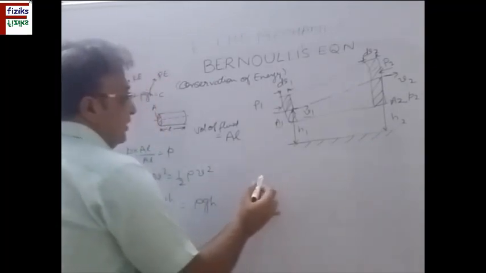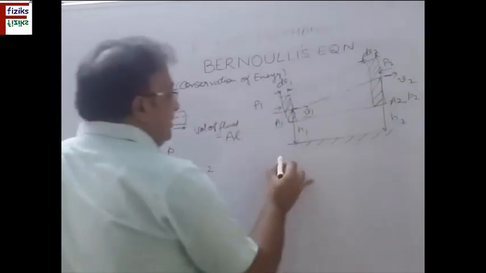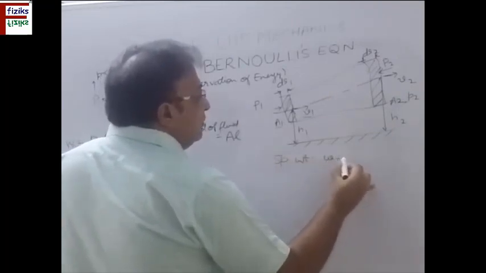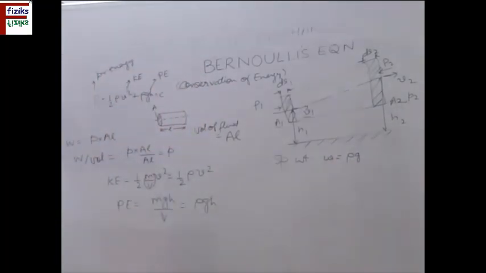We can write this equation in another form. What is rho into g? We discussed in the beginning that the specific weight of a fluid, w, is weight per unit volume, which is rho into g, with the unit newton per meter cube.